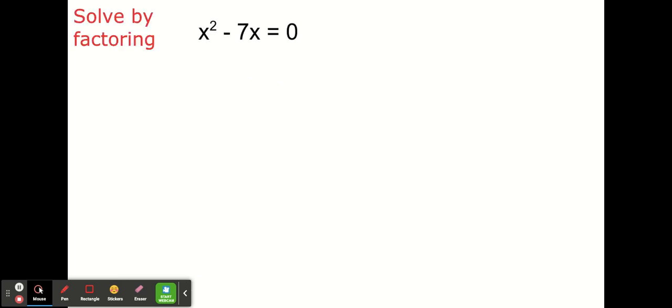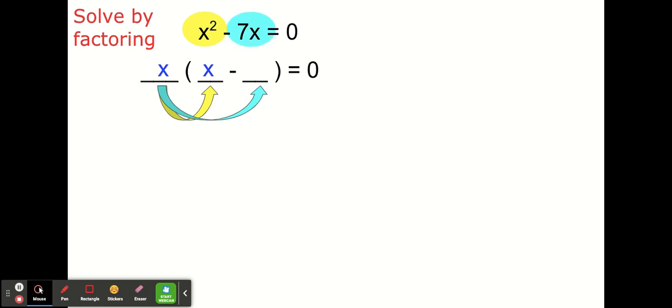If we solve this by factoring, x squared minus 7x equals 0, I can say x is my GCF. x times what is x squared? Well, that's x. x times what is negative 7x? Minus 7. That means that if we solve, one factor gives x equals 0, or x minus 7 could be 0.